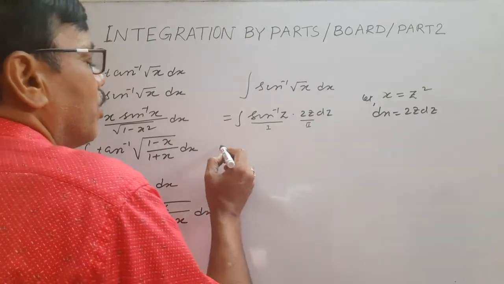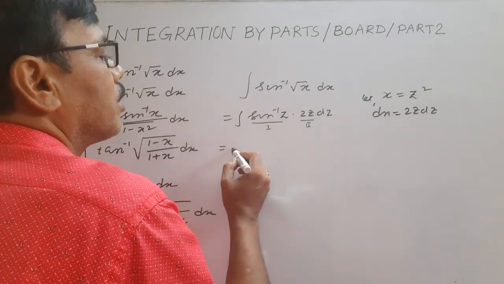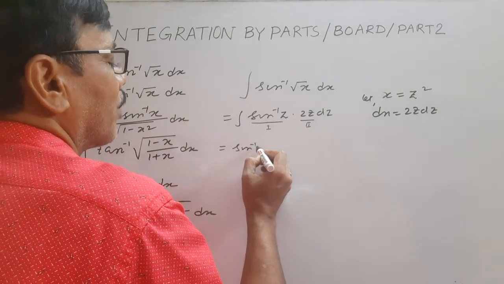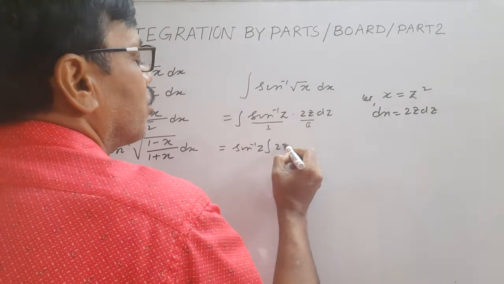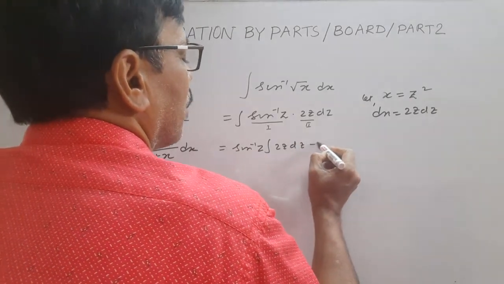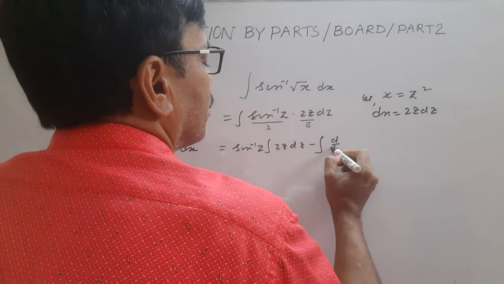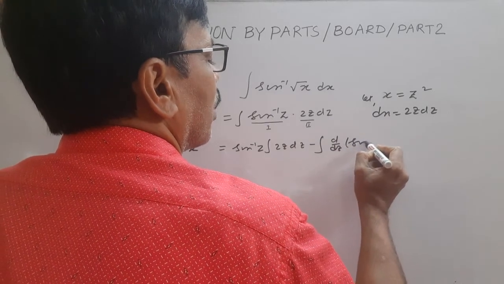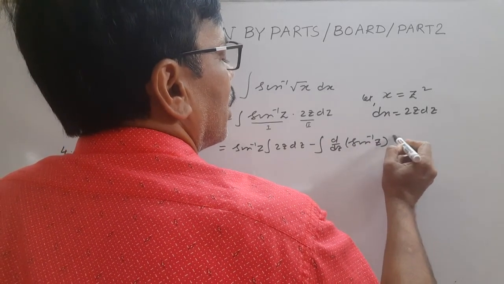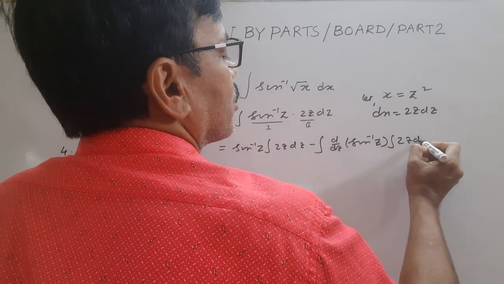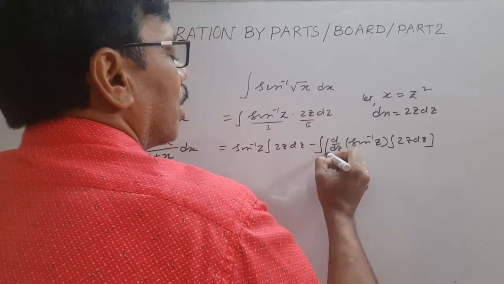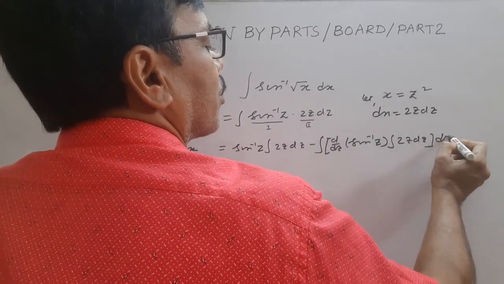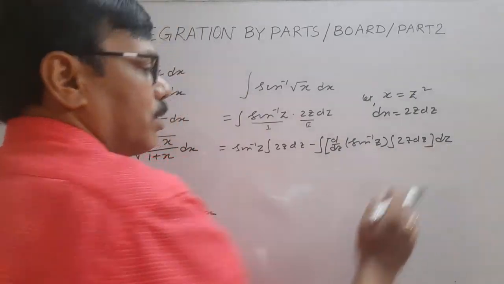So the rule is sin inverse z unchanged, integration of 2z dz, minus d/dz of sin inverse z, integration of 2z dz, total bracket, that is the integral of this part.